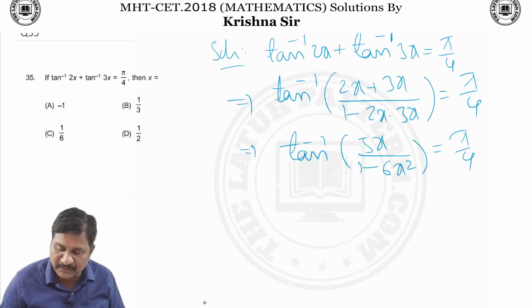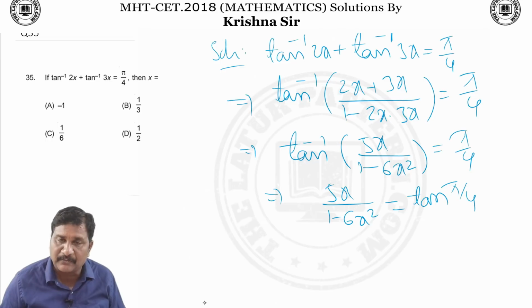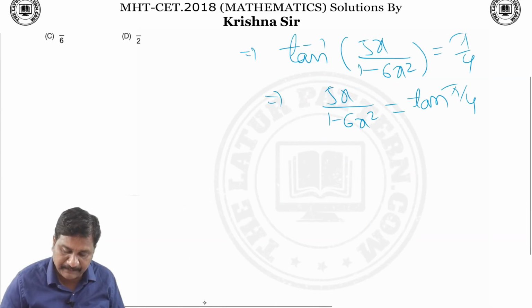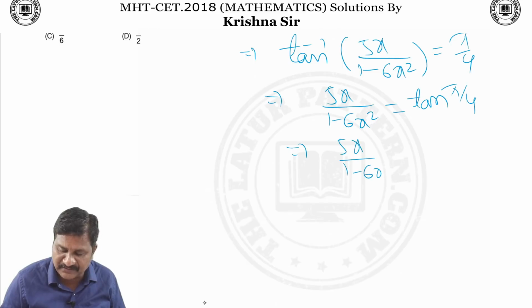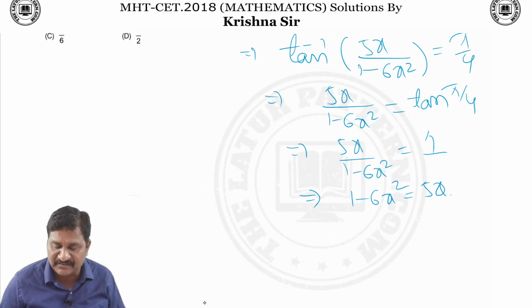Now the tan inverse you take to that side, then 5x upon 1 minus 6x square equals tan 45, that is equal to 1. So 5x upon 1 minus 6x square is equal to 1. By cross multiplication, 1 minus 6x square is equal to 5x.